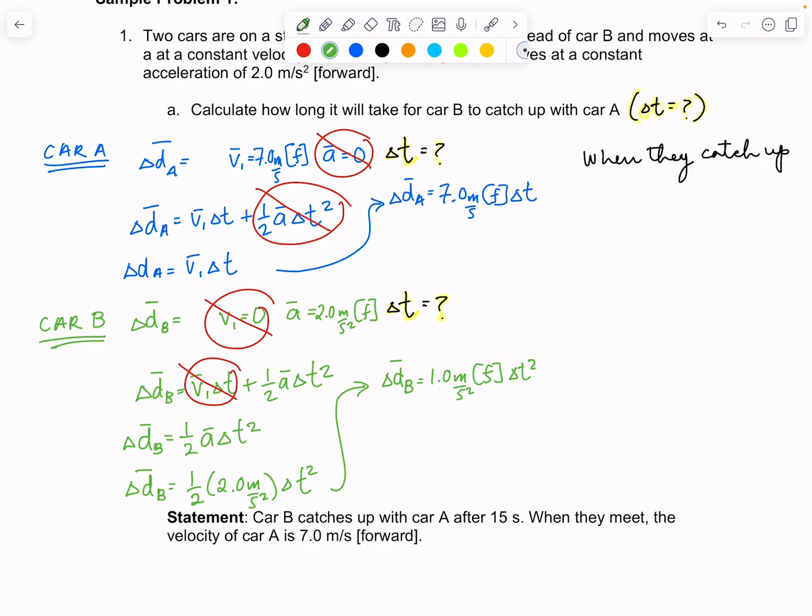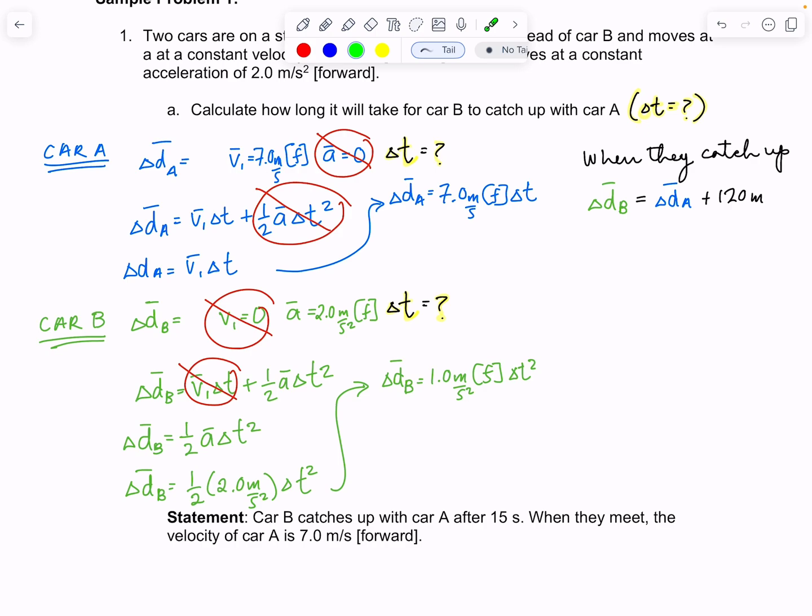We know that the displacement of car B must equal the displacement that car A travels during this time plus the 120 meter head start. So this statement, we can use it to help us find the elapsed time.